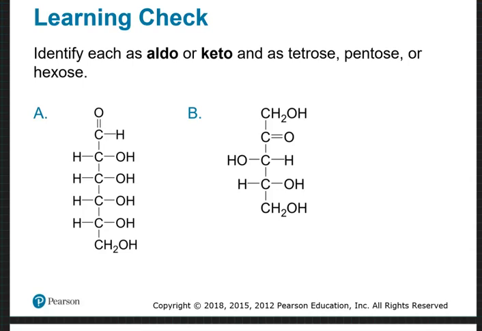So let's see if we can identify these monosaccharides, basically give it a characteristic. Okay?